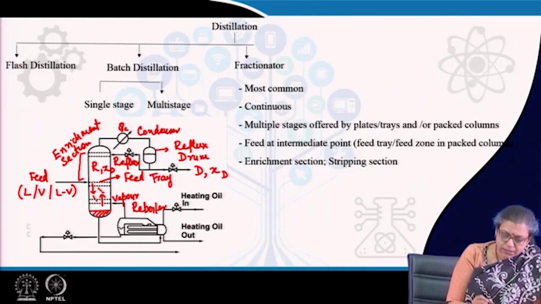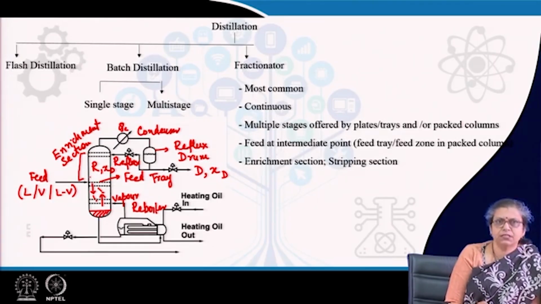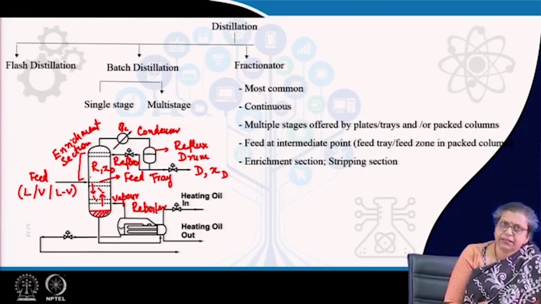Initial calculations assume that on each tray the vapor and liquid which are leaving are in equilibrium. That means we perform the calculations assuming ideal contacting trays, knowing fully well that ideal or equilibrium trays do not exist.